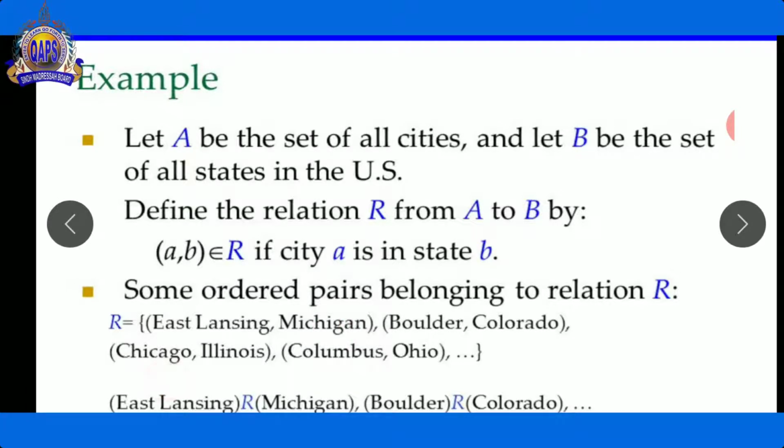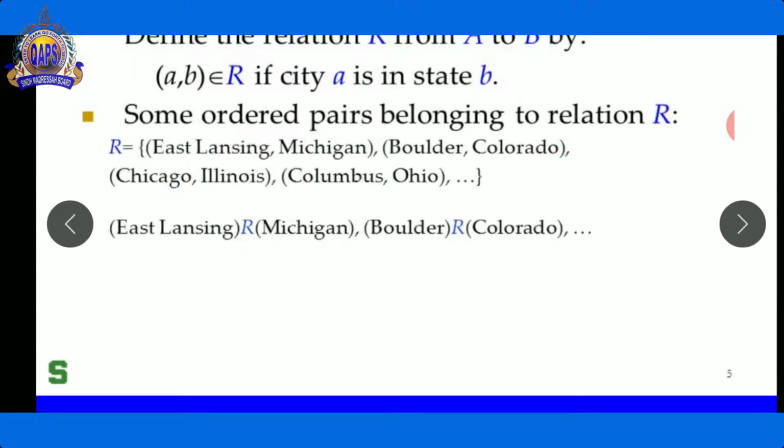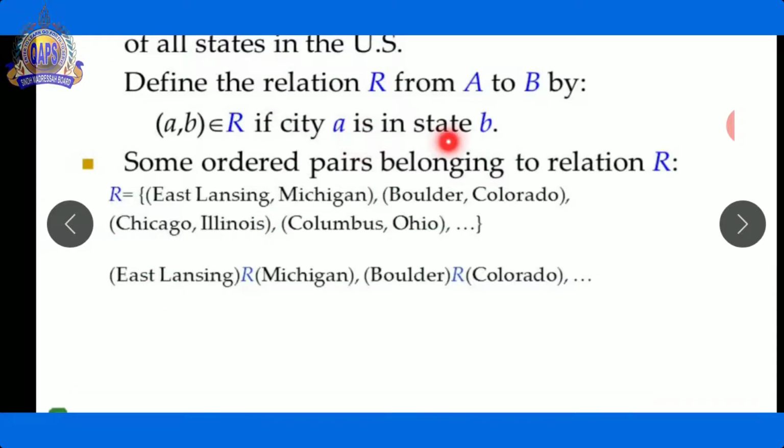Now Chicago, this represents the city and this city is in the state of this one. Columbus, this is a city and this is included in this state. So there are many relations between them. So this relation, because city represents A and state represents B, so East Lansing is related to Michigan. So Boulder is related to Colorado. So these are the main relations in between that.